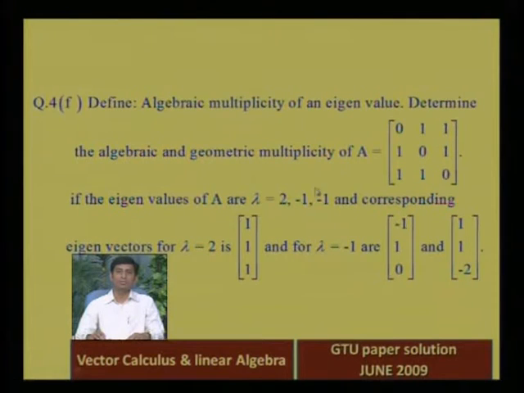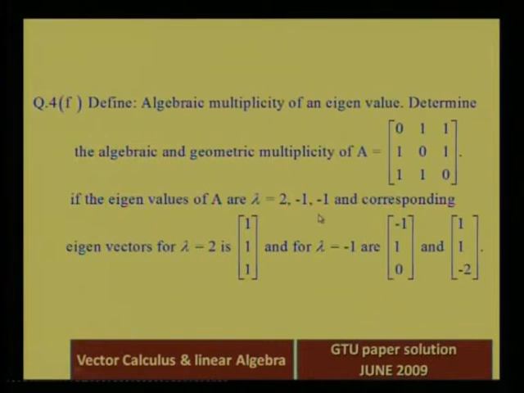Now back to -1. As an eigenvalue, -1 occurs 2 times, so the algebraic multiplicity of -1 is 2. And corresponding to lambda equal to -1 we get 2 eigenvectors, so the geometric multiplicity of lambda equal to -1 is also 2.